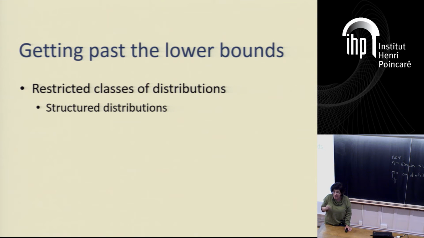But if you want to test if this distribution is a product distribution, that requires time where the domain size is 2 to the n, so it requires 2 to the n over a constant many samples. You would think, if you can test uniformity, why can't you test product distribution?